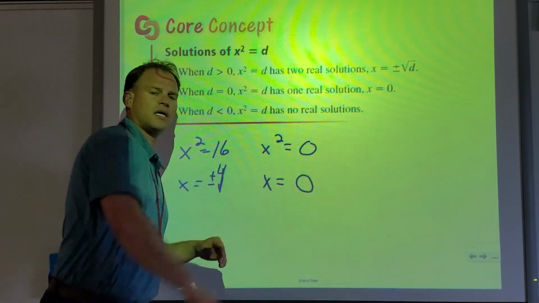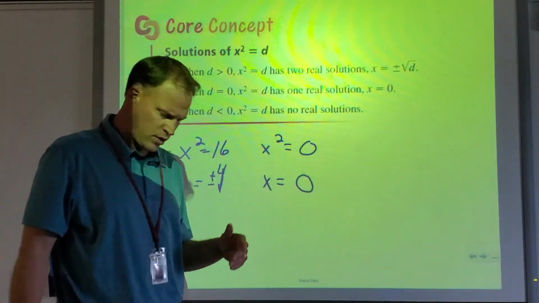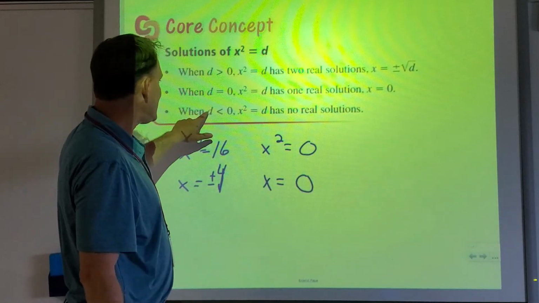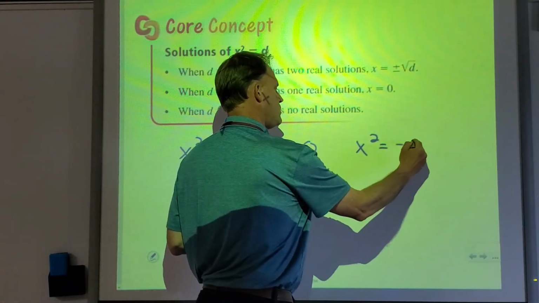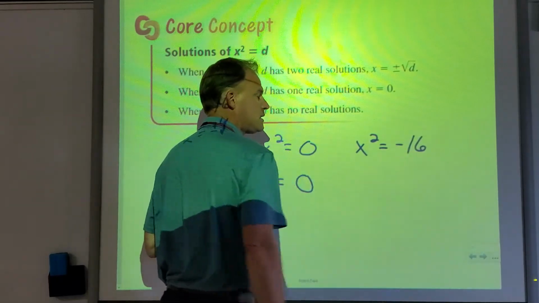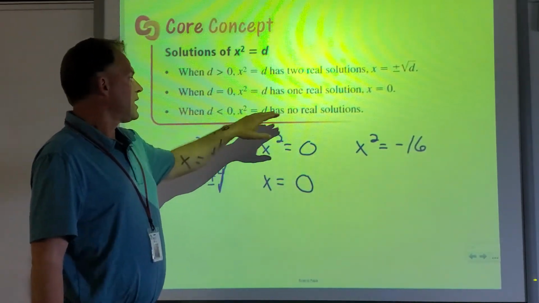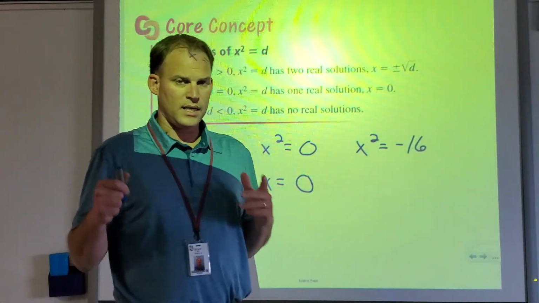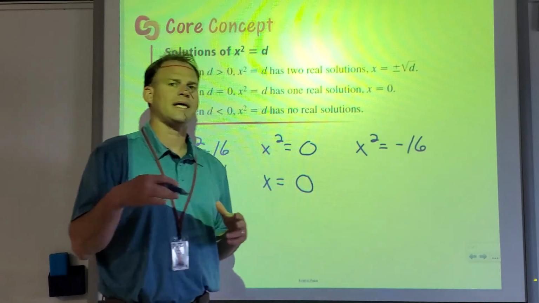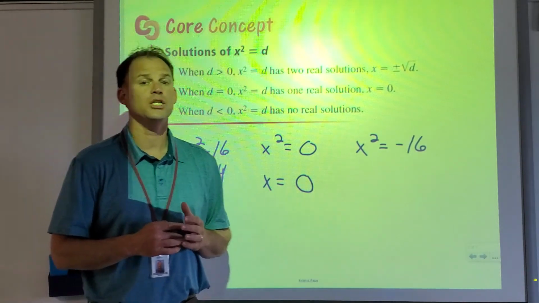We've touched on this yesterday, or last time we had notes. When d is less than 0, so if I have x squared equal to negative 16, okay? It has no real solutions, and that's all we're going to say for right now. There are answers when you get to Algebra 2. You're going to talk about something called imaginary numbers.